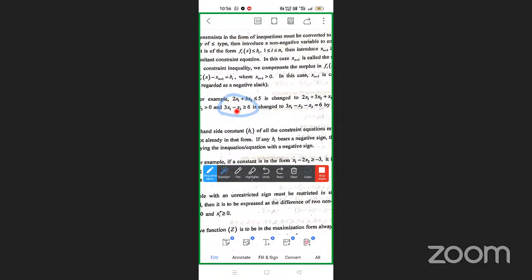That's why we subtract x3 to make the inequality an equality. So 3x1 minus x2 minus x3 is equal to 6. We take minus x3 because this is a higher value compared to 6. So these are the inequalities converted to equalities. So this is the second case.